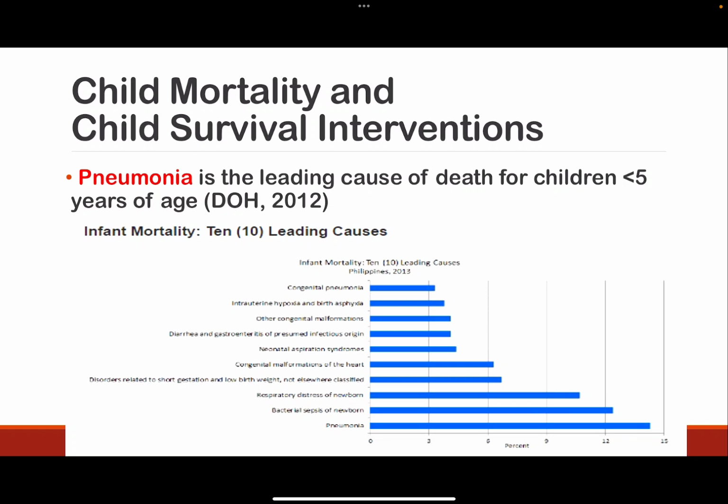Next, we have child mortality and child survival interventions. Pneumonia is the leading cause of death for children less than 5 years of age, according to the Department of Health in 2012.